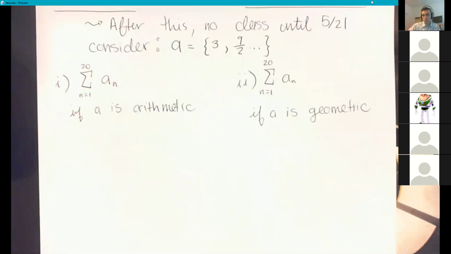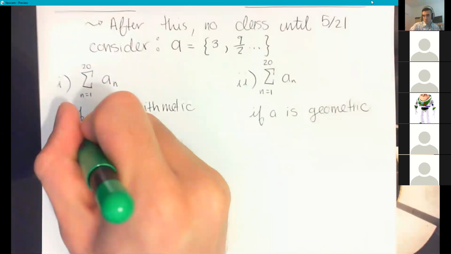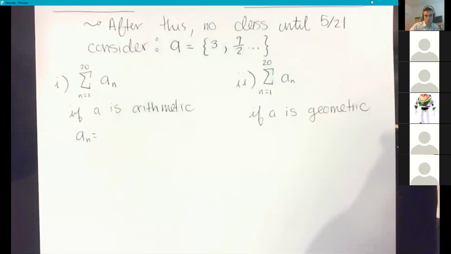It shouldn't be the common difference multiplied by, or the common difference times n plus b. Correct. So what is the common difference? How much am I adding to go from 3 to 9/2?